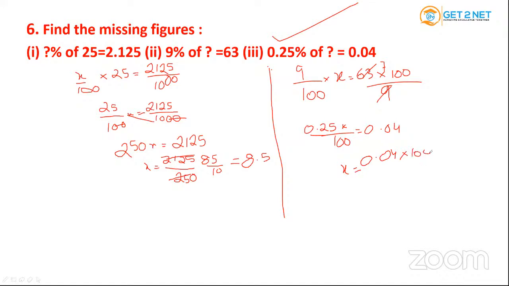Clear all of you? Yes, ma'am. Ma'am, for 0.25% can we write it as 25/100 and solve? Yes, you can definitely do it, why not? If it is like that, ma'am, 25/100 into x/100 is equal to 4/100. Okay, fine, you solve it and you will get the same answer. So the answer is 16. Everyone knows how to solve this, right?